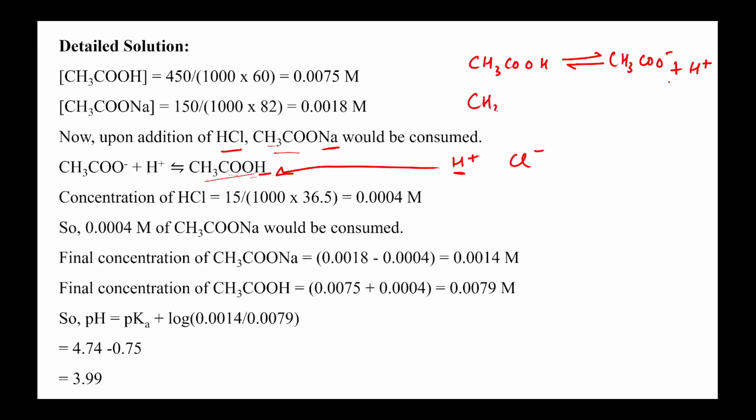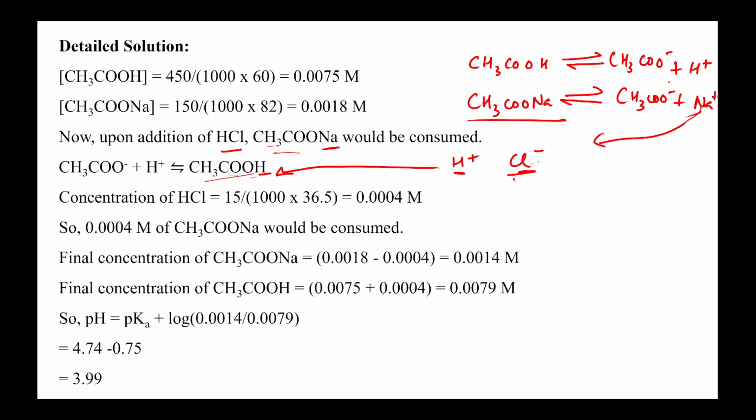Now when we are taking CH3COONa, what do we have? We have CH3COO minus plus Na plus. So now if you have chloride ions, the Na plus will get neutralized by the chloride ions and the effective concentration of CH3COONa will reduce, because now it is taking up the sodium ions, right?